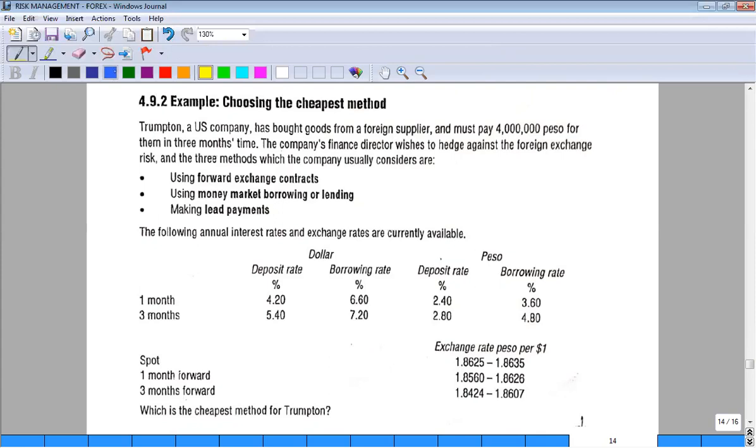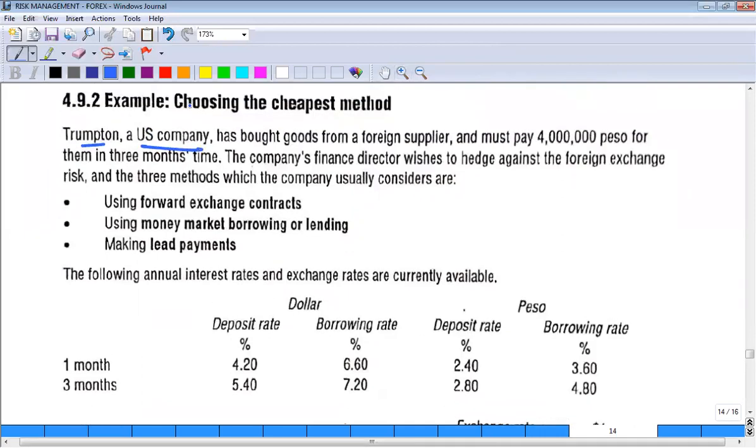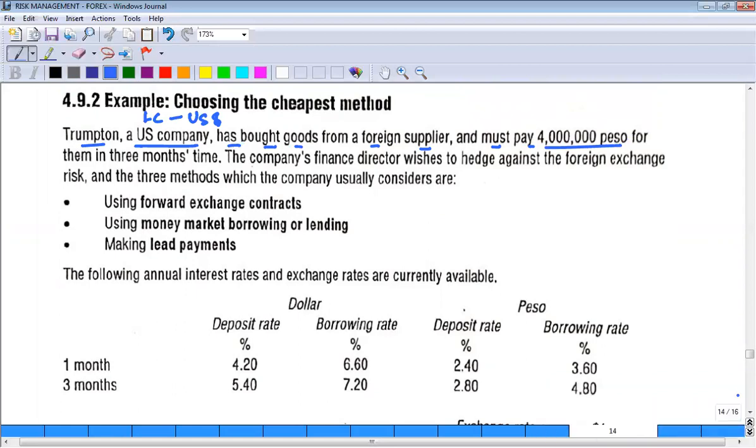Yes, there is a question. Trumpton, a US company, that means local currency is US dollars, has bought goods from a foreign supplier and must pay 4 million pesos in 3 months' time.